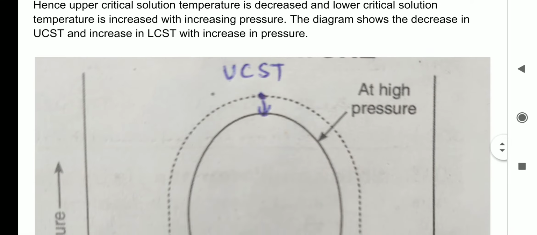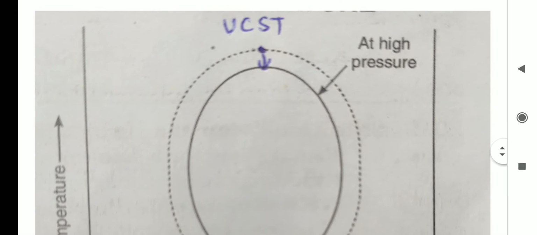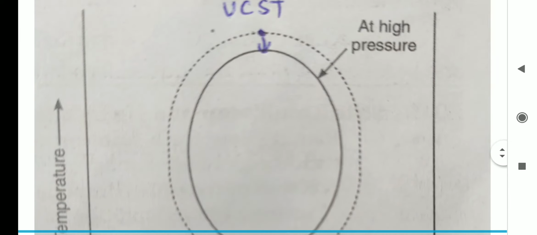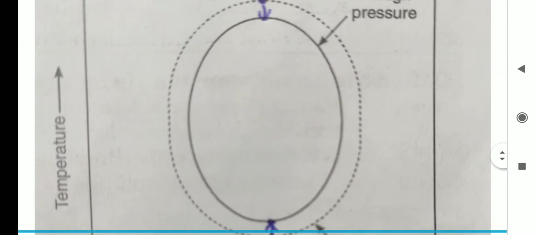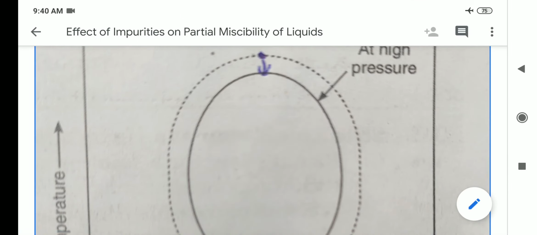You can see in this diagram the dotted ring represents the normal critical solution temperature of liquid.